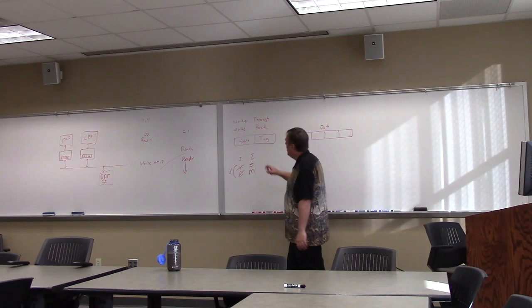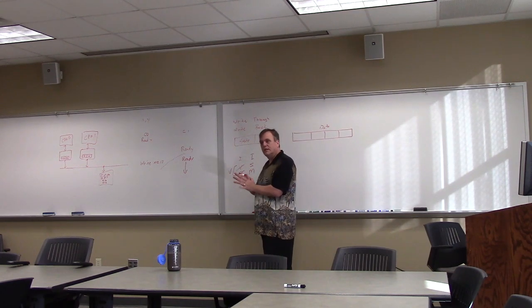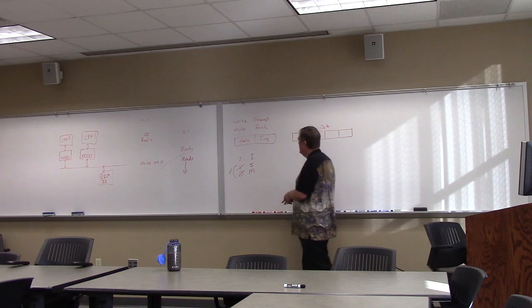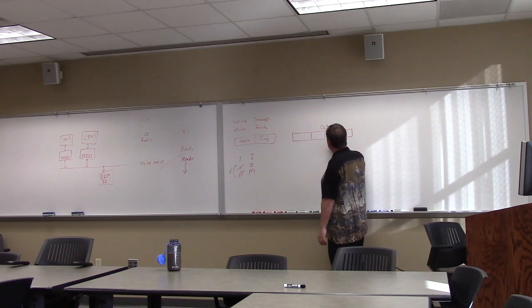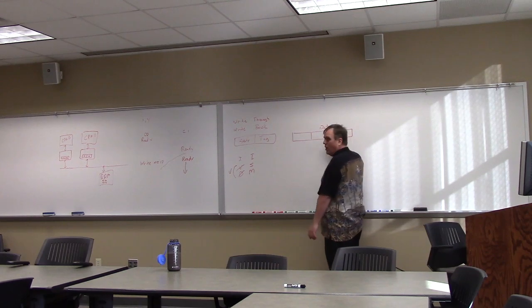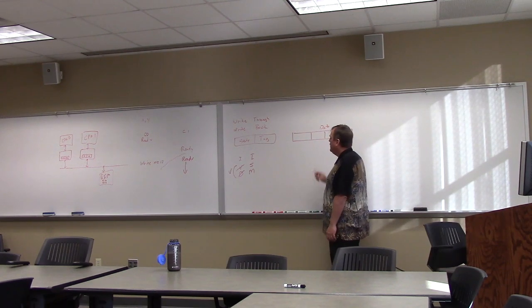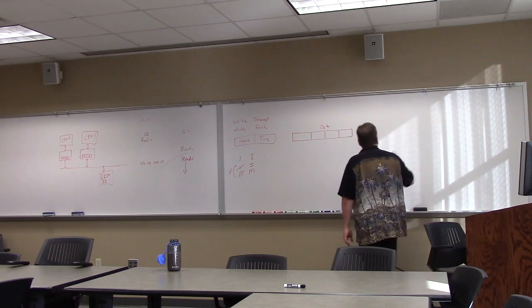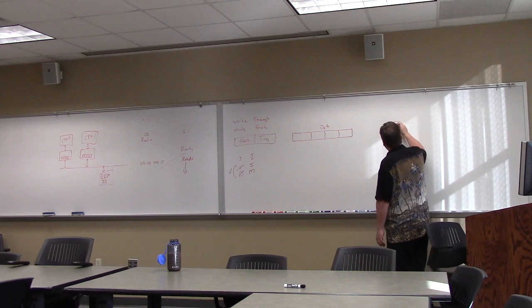Now, I have 2 bits, so I want to establish my system to be able to check the state of what's going on. And realize that since there's multiple data things, these state bits are for the entire block. So if you make a bigger block, you're going to have less of this you're going to have to do. But even as it stands, I'm only going to have a few states here.